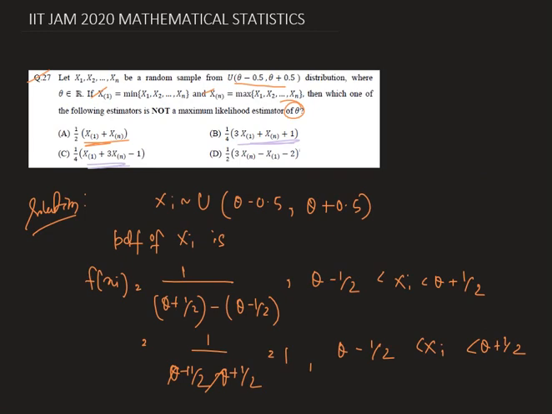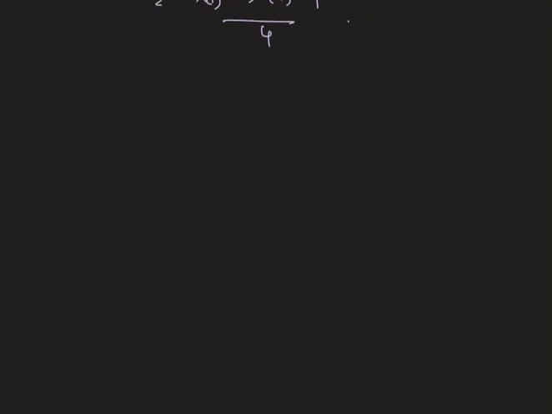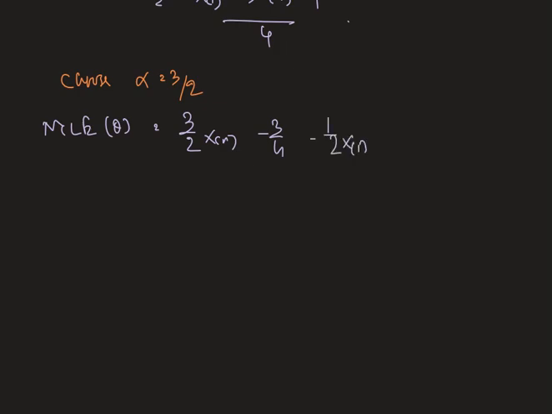Hence it must be D, which is our correct option, but for convenience we check it. Now if we choose alpha equal to 3/2, then the MLE reduces to 3/2 x order n minus 3/4 minus half x order 1 minus 1/4.